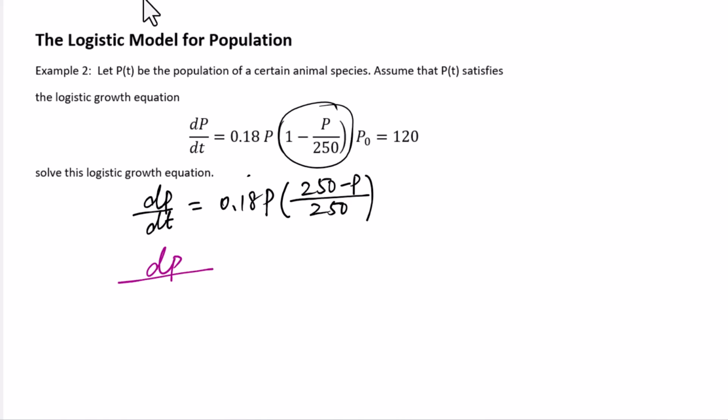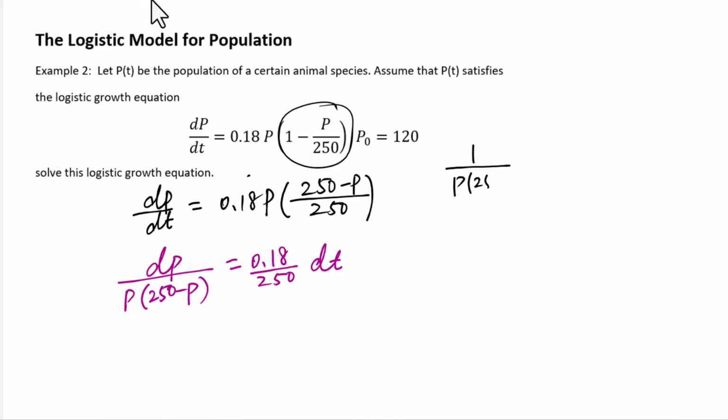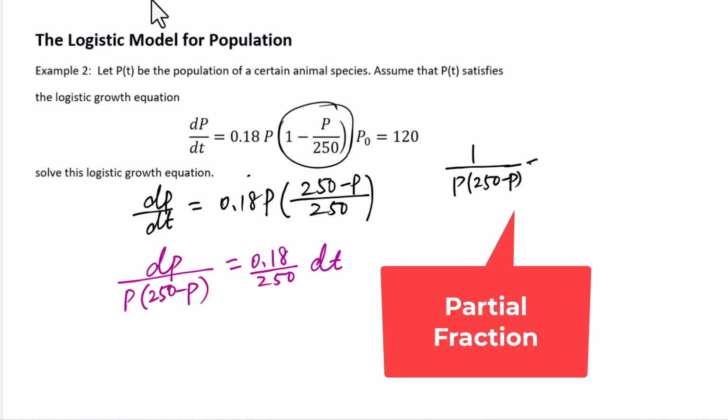dP over P times (250 minus P) equals 0.18 over 250 dt. 1 over P times (250 minus P) equals A over P plus B over (250 minus P).